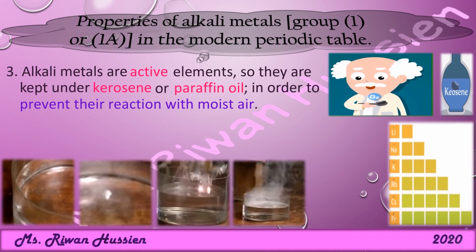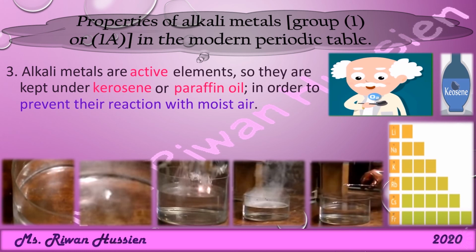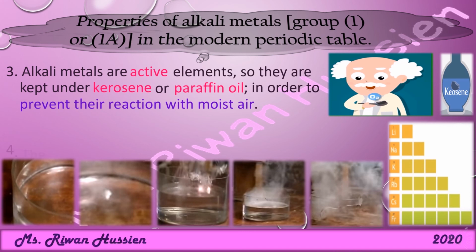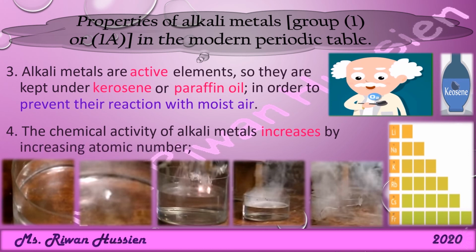Finally, let's try cesium. You can see that the reactions become more violent as we go down the group. So, the chemical activity of alkali metals increases by increasing the atomic number due to the increase of atomic size.